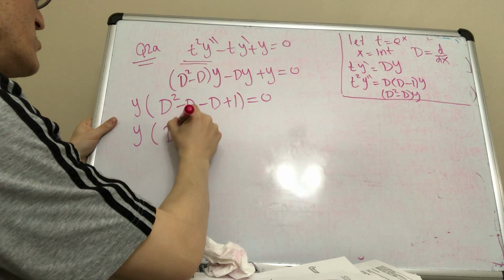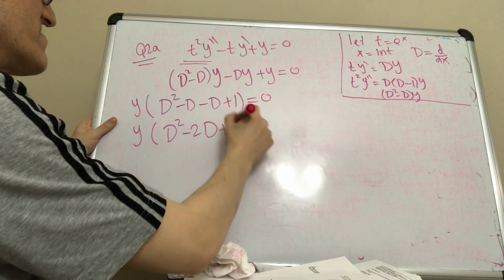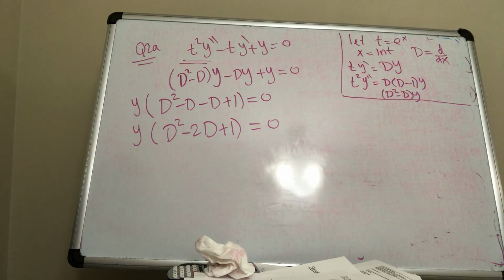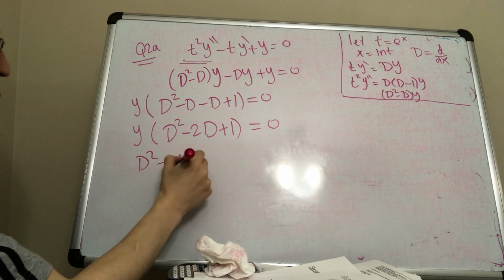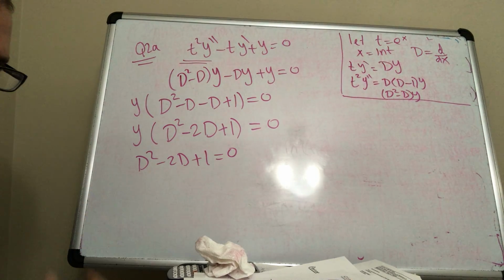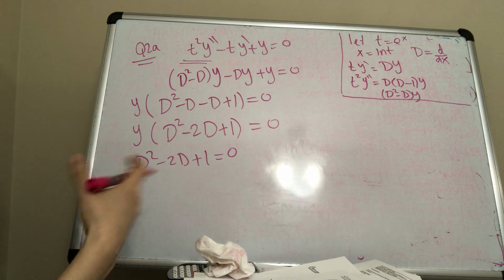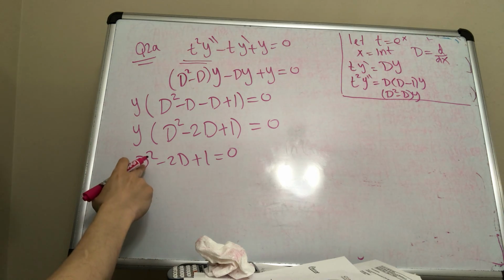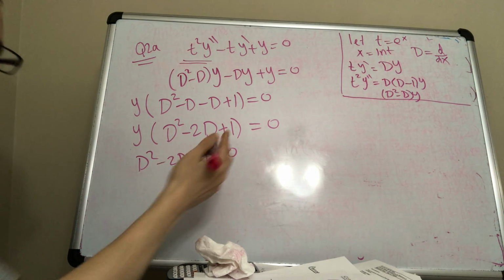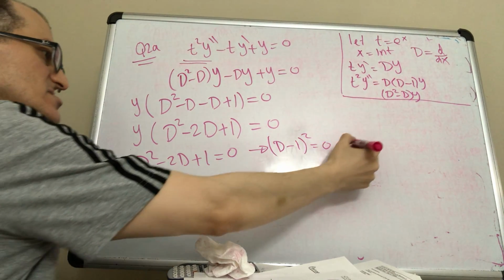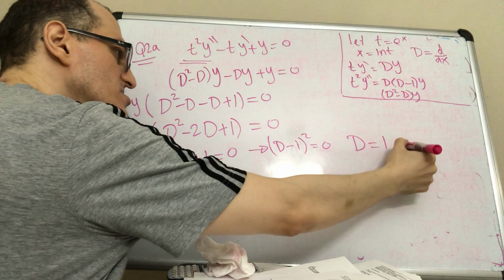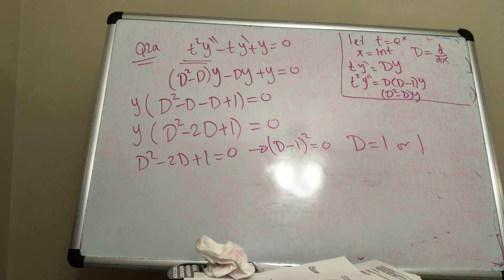So you have D squared minus 2D plus 1 equaling 0. So now we solve this like a normal homogeneous, like imagine that's m squared minus 2m plus 1. So you have D minus 1 squared. So D equals 1 or 1, the same answer repeated.